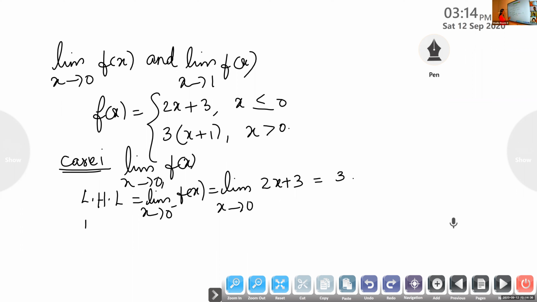Now find out what is the right hand limit at 0. What is the answer? Right hand limit at 0. At 0 means it is greater than 0. So at greater than 0, what is the function?